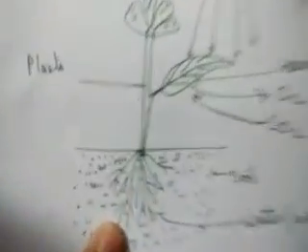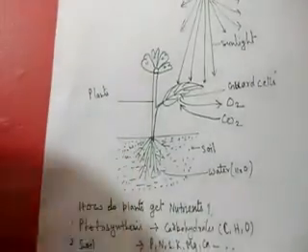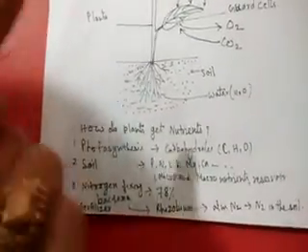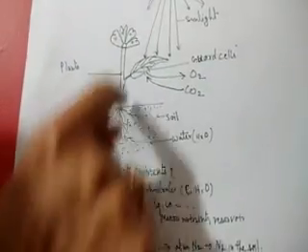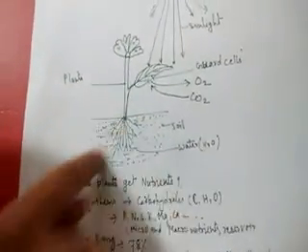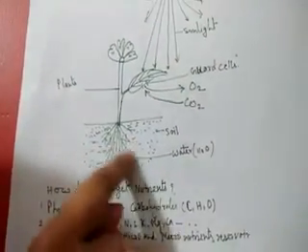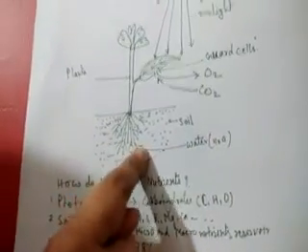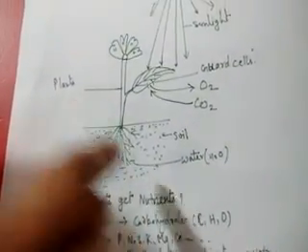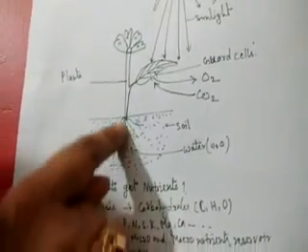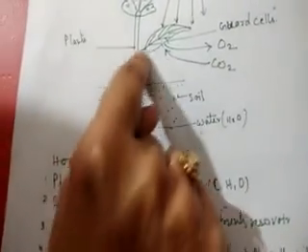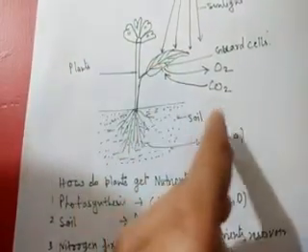Here in this picture we can also understand the photosynthesis process properly. Here is the plant, whose roots are inside the soil, and the water is there. The water present in the soil is absorbed by the roots of the plant and sent to the leaves.